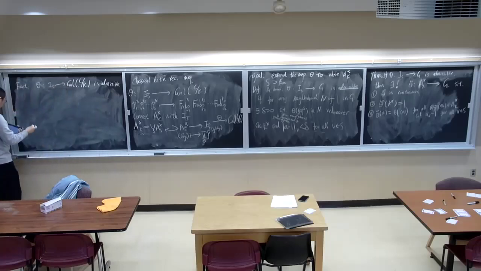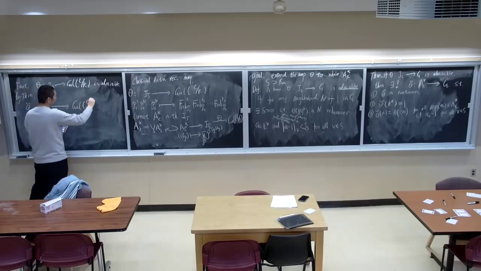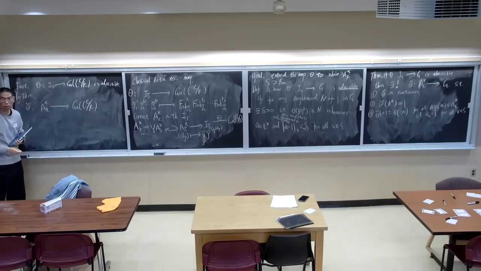So by the theorem, we can extend it to a map from I_K to the Galois group of L over K. Good, just by the theorem. I didn't prove this, but let's take it as a black box. Theta is admissible, so we can extend this map to the Galois group.